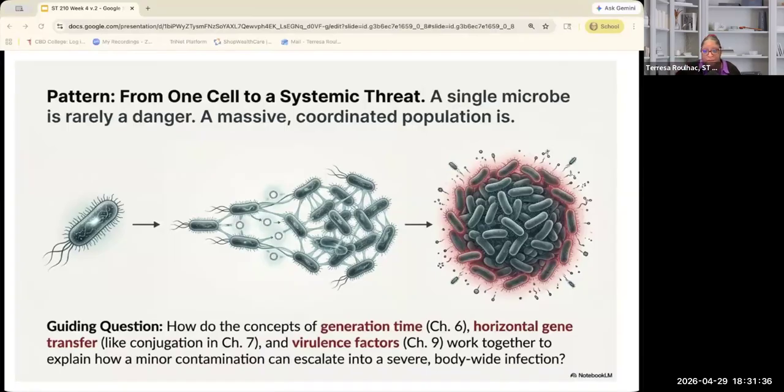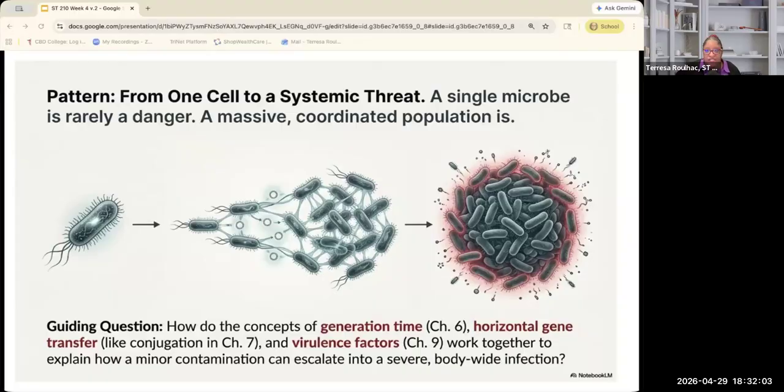So let's put it all together, okay? You've got fast reproduction. You've got shared genetic advantages. You've got increased ability to harm and evade. That's how a minor contamination can escalate into a severe body-wide infection.